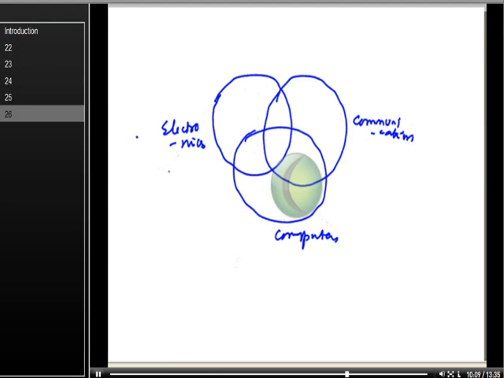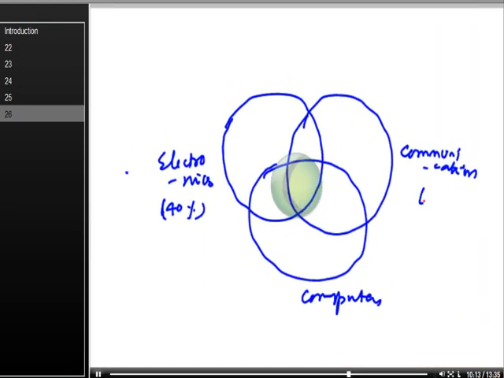You can write the percentage below that: 40% for electronics, communication is 20%, and computers 10%. Let us first look into all three. 2% of students opted for all three, so you write 2% in between.